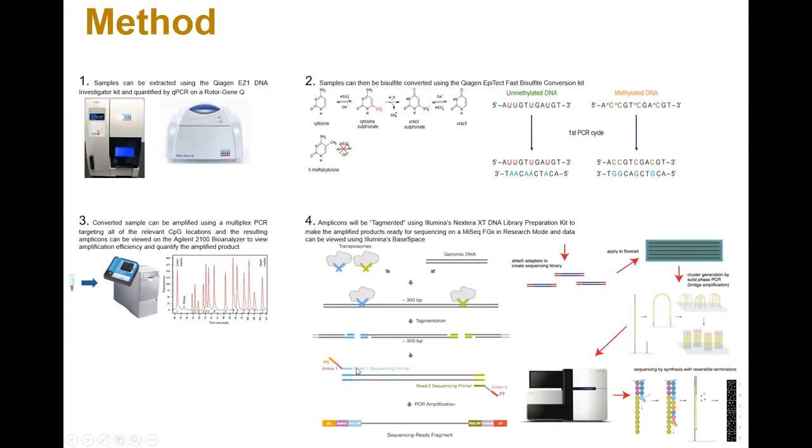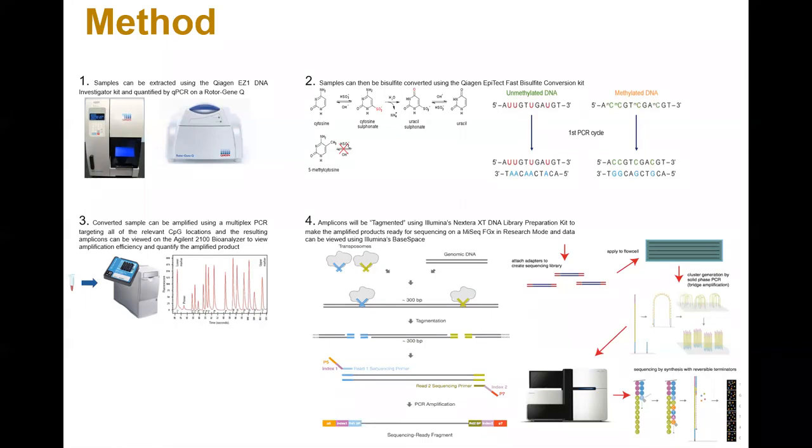So once you add these sequencing priming sites, you do another PCR amplification, and then you have your completed library ready to be sequenced. Once it's ready for sequencing, you add it onto a flow cell, load it into the MiSeq FGx, which is going to do that bridge amplification.